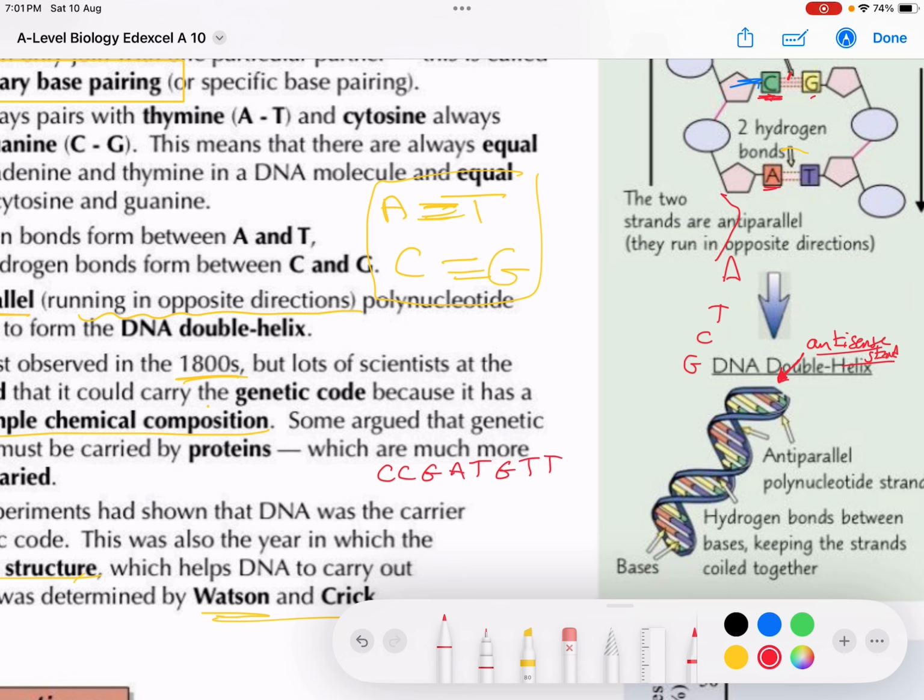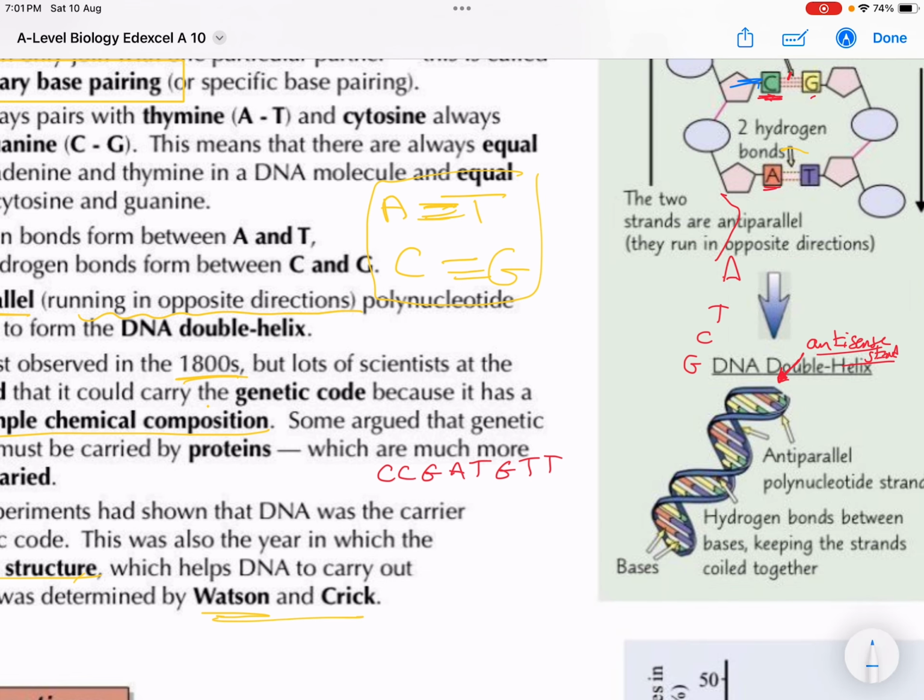CCGATGTT. If you have the code of one strand, you can predict the code of the other strand, which is the sense strand, because it's just going to be the opposite according to complementary base pairing. So it's G, G, C, T, A, C, A, A. That's the code of the other strand, the complementary strand.